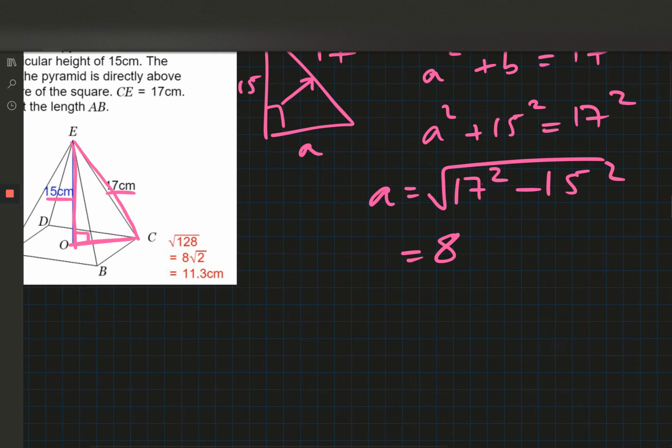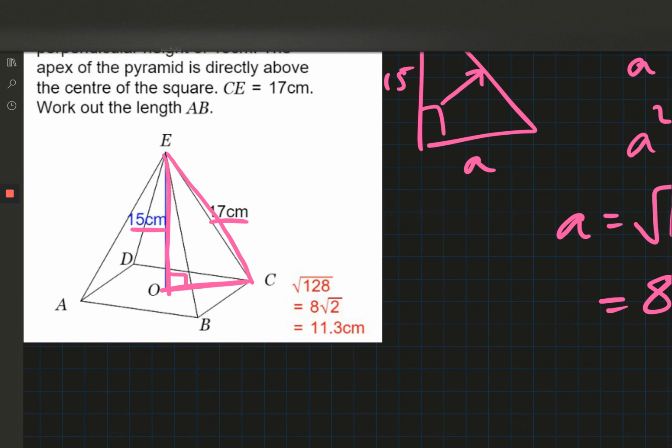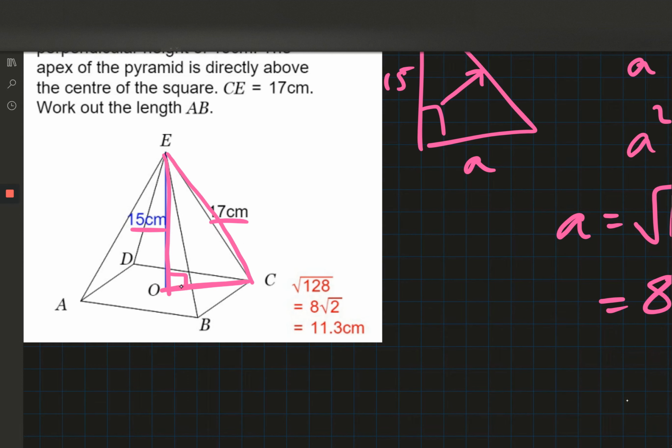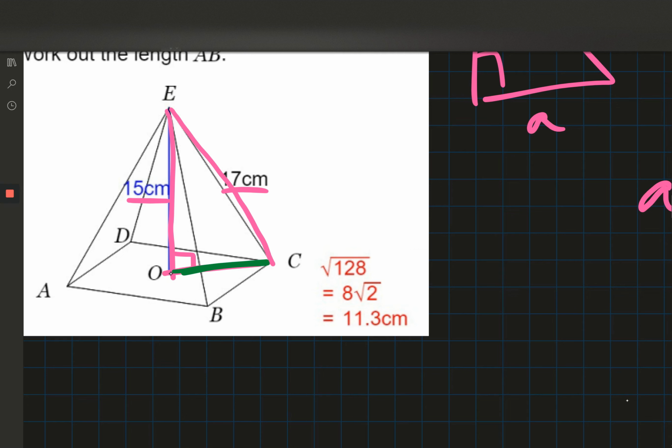Now, this is the important bit that some of you may not have got. You can see OC is a length from the center of the square to one of the vertices. Well, we can actually also draw another right angle triangle. If we call this point M, which is the midpoint of BC, then you end up with a right angle triangle.